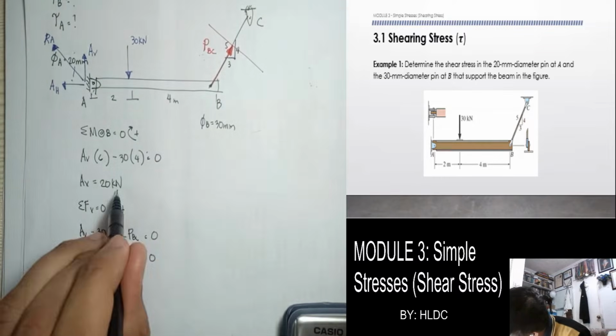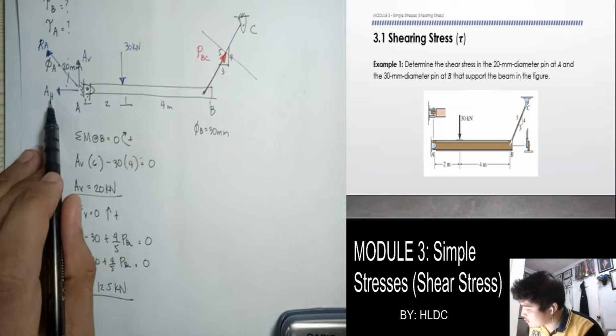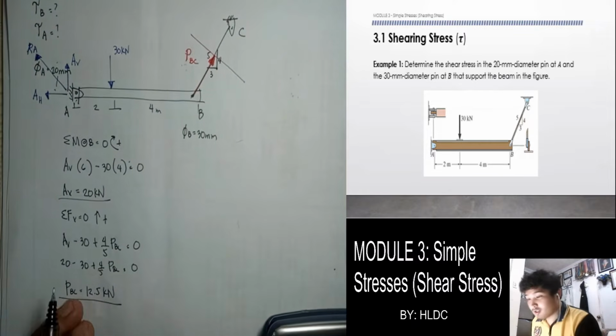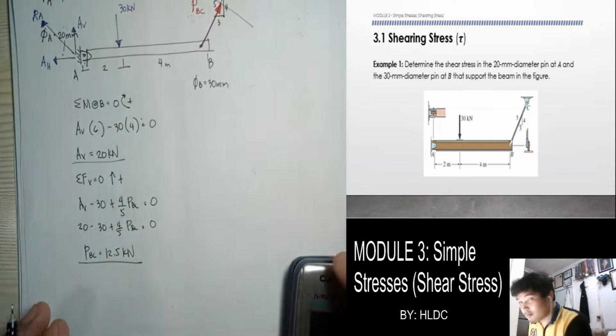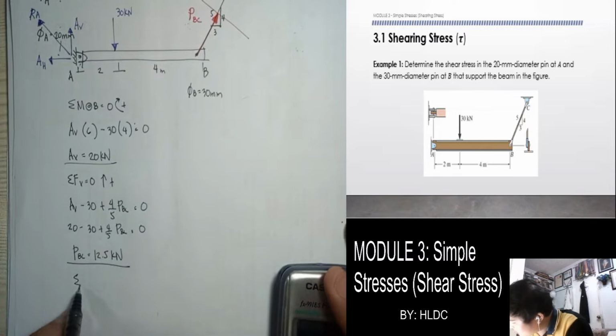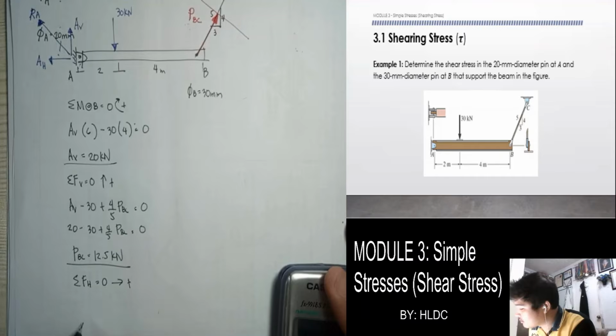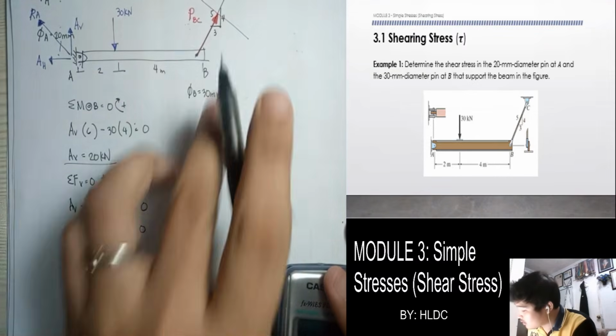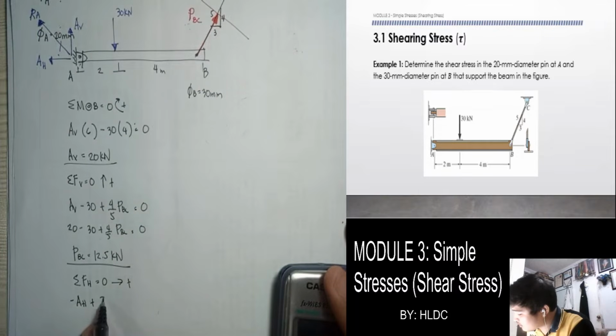Okay, PBC na ako, may AB na ako, so masasagot ko na tong AH. So by taking summation of forces, horizontal naman equals 0, considering forces to the right positive, so that negative AH, and then itong horizontal component, so that plus 3/5 naman ng PBC equals 0.